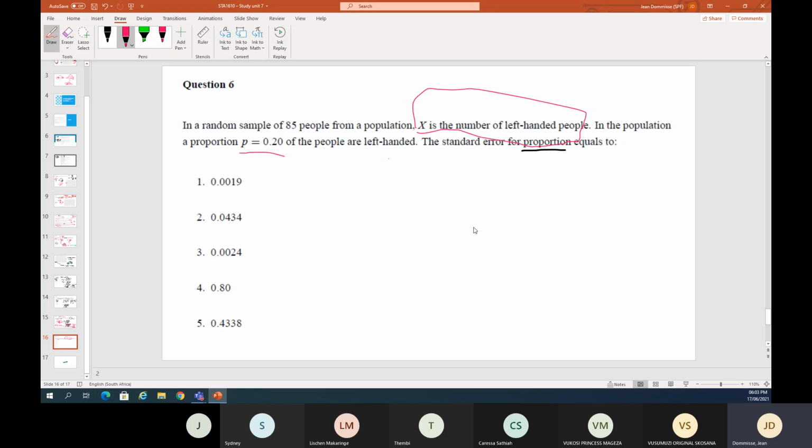Okay, so again, when we do standard error of a proportion, we work with that formula. We know what the proportion is, it's 0.2.